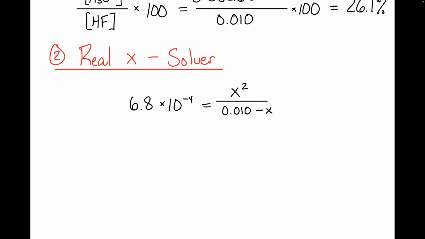Now, if you just love algebra, you can absolutely take this equation and solve it algebraically by rearranging it into a polynomial, ax squared plus bx plus c, and then using that quadratic equation, all right? Or if we don't like algebra, again, we can just use our fancy solver here.